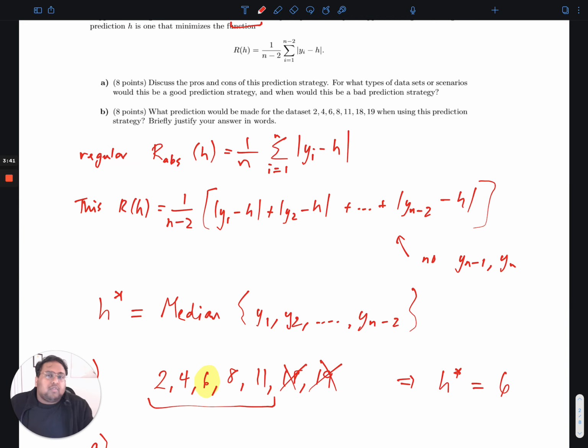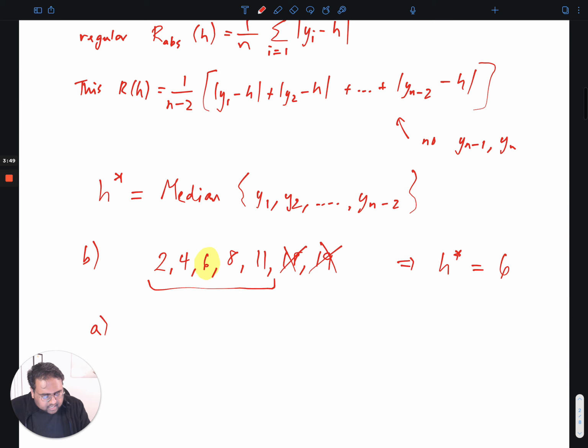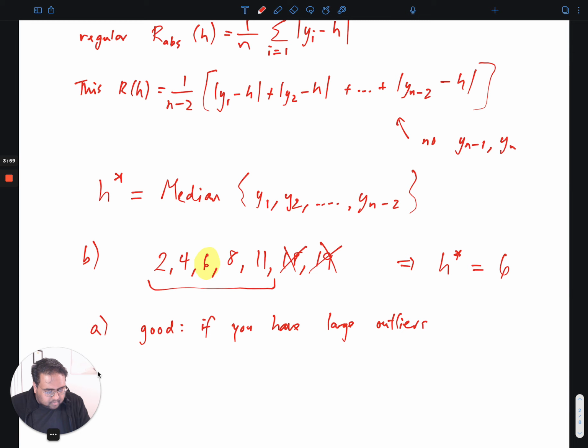But if we remove the outliers entirely, which is what this is effectively doing, then we're swayed even less by them. So this would be good if you have large outliers, because it basically ignores them from the calculation.